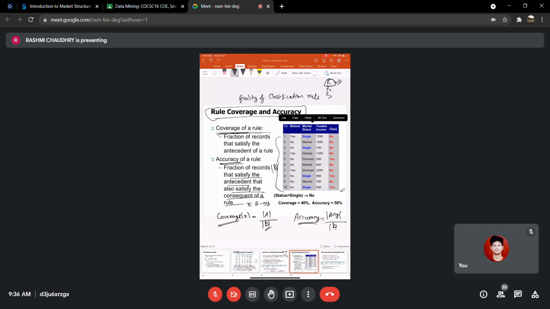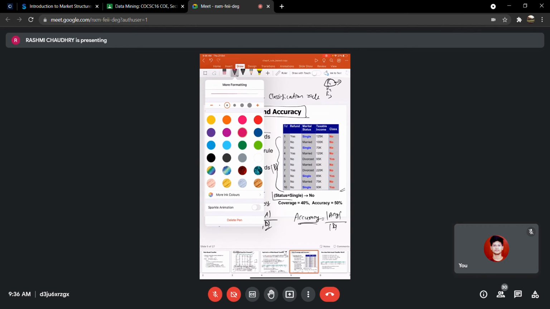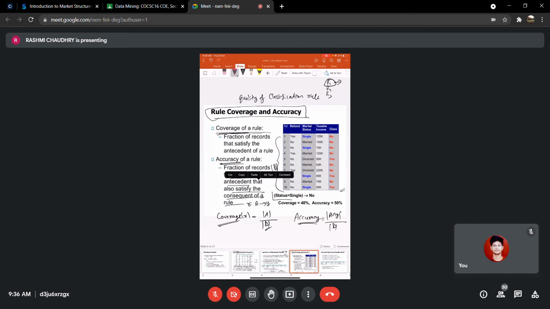If some rule is given like this, status single, then no. For coverage, we will check the antecedent. Status is single: single, single, single, single, 4. How many records are there? 10. So 4 out of 10, and it is defined in percentage, so I can say 40%.